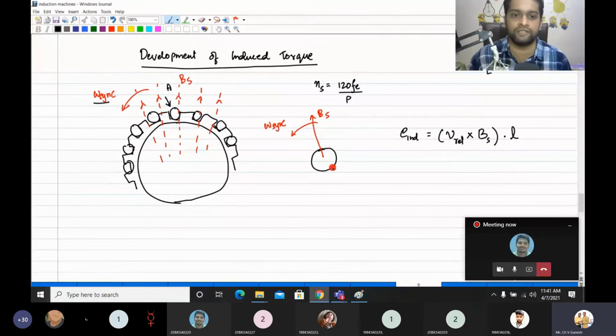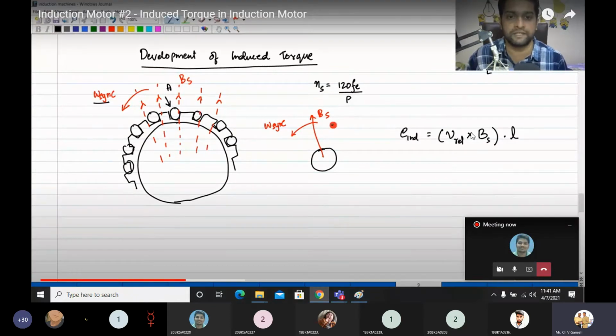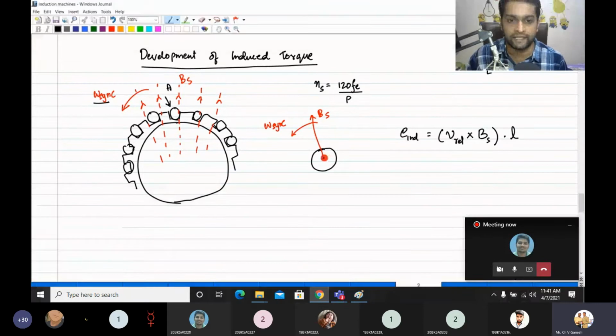Now this is the relative velocity between these two. So now at this point, we can see the relative velocity of the rotor conductor with respect to the stator. I've already explained all these things in AC machinery fundamentals. So you can see that relative is with respect to BS, so it will appear as if the conductor is moving in the opposite direction, right? For example, when you are going in a bus and one person is stationary at the bus stop, when you are moving forward, you see that person moving backward.